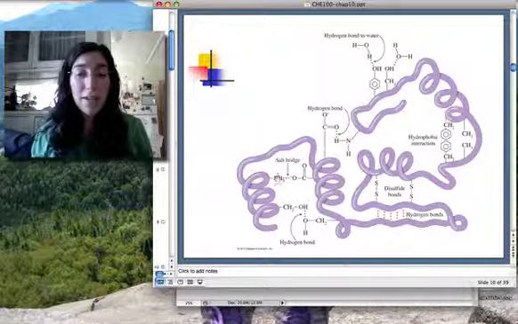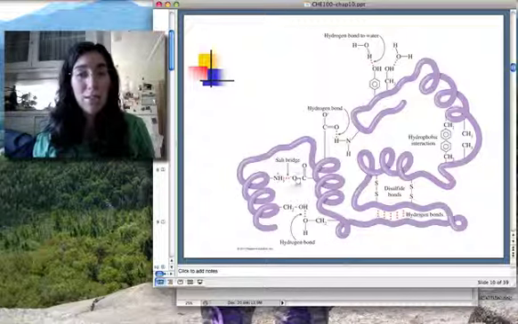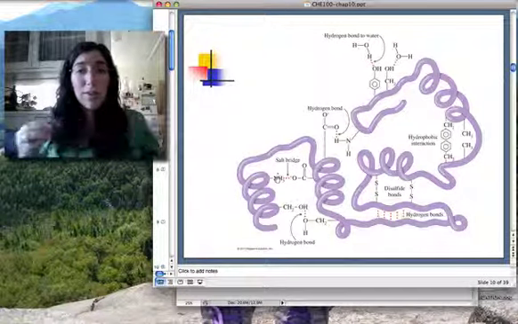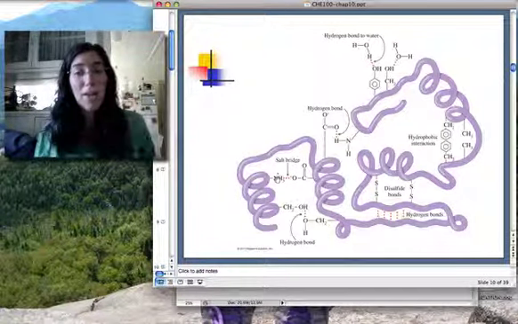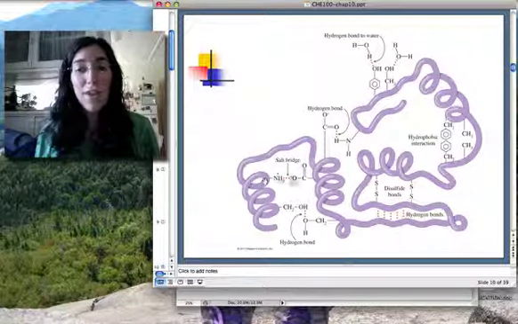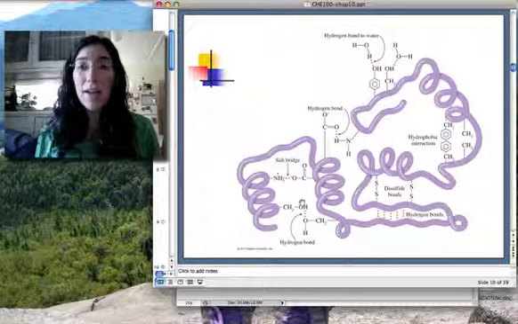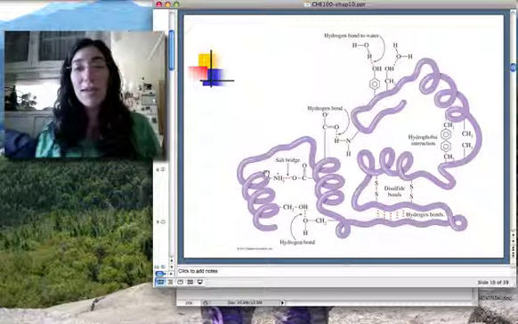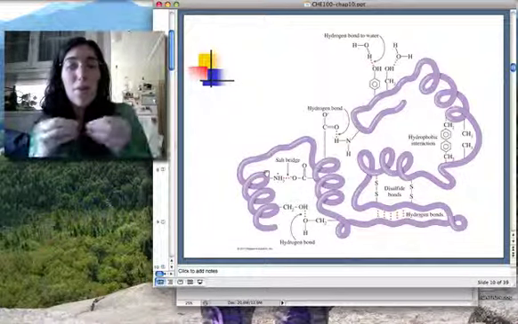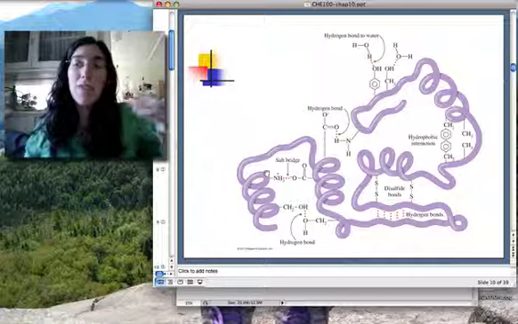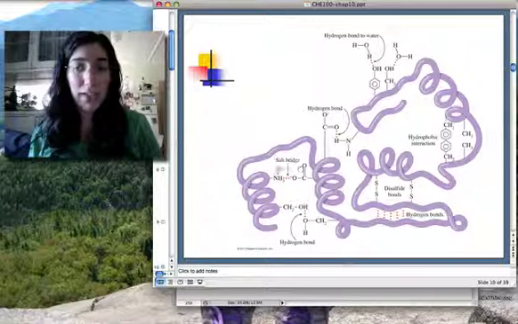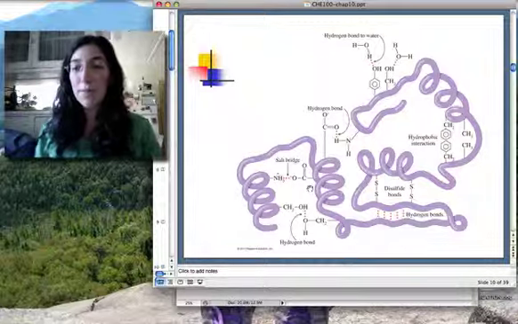So that plus charge and that minus charge are electrostatically attracted to each other. Opposites attract, plus and minus. So that actually forms a very strong bond, even stronger than a hydrogen bond because it's almost like an ionic bond. They don't quite form a bond, but there's a very strong attraction, like a magnetic attraction between the two.